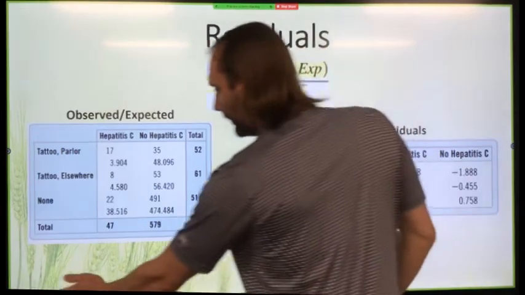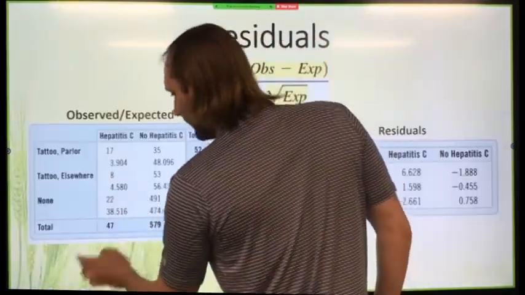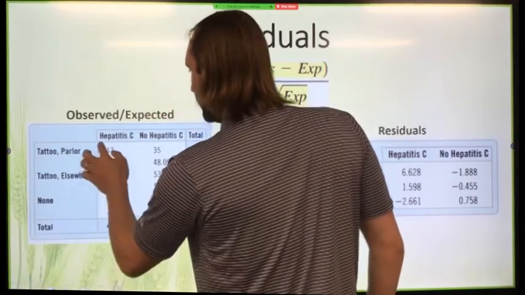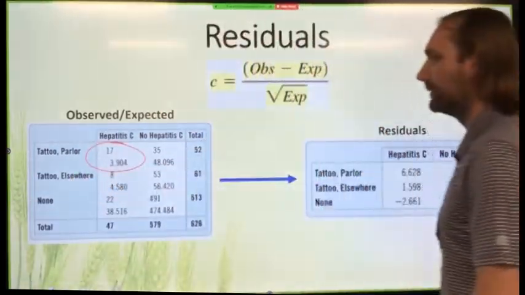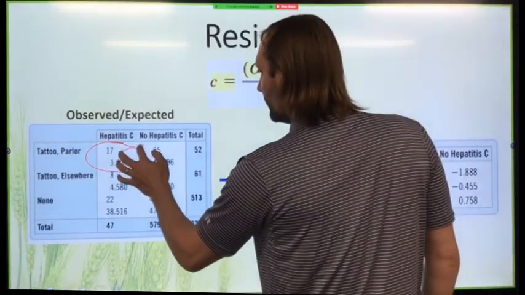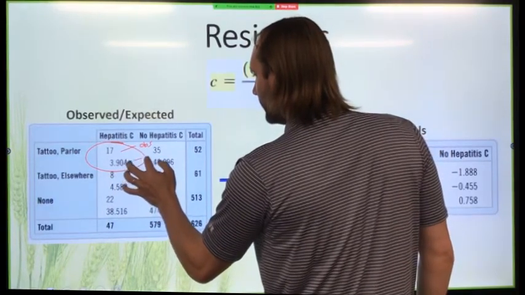So I'll demonstrate one of them. We'll look at those that have hepatitis C and those that go to a tattoo parlor. So 17 is my observed, and 3.9 is my expected.